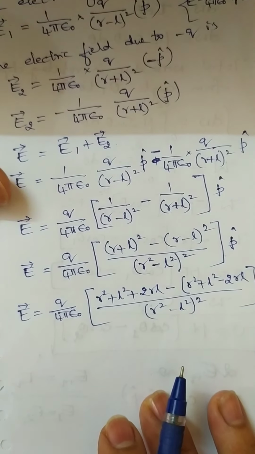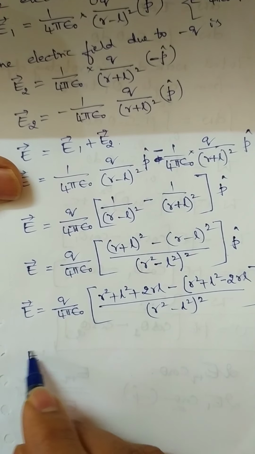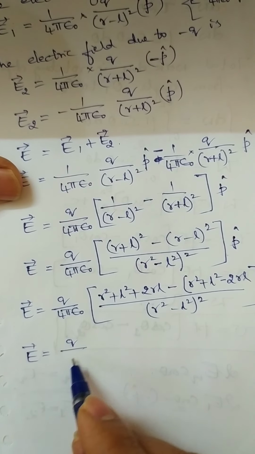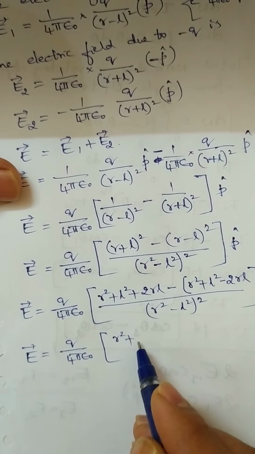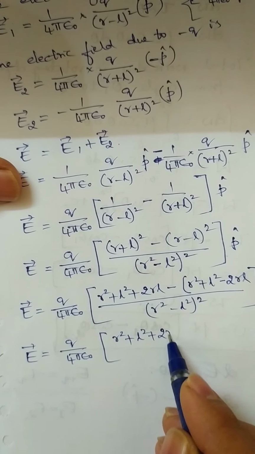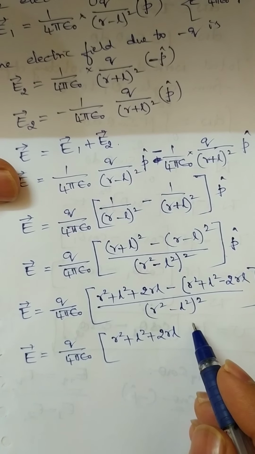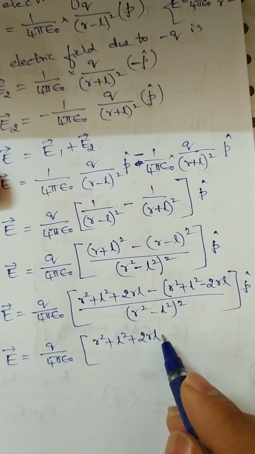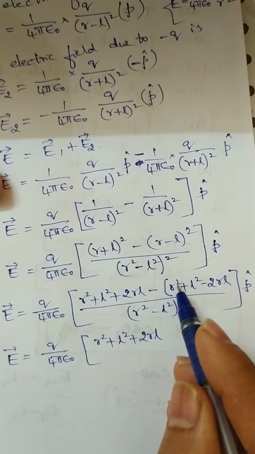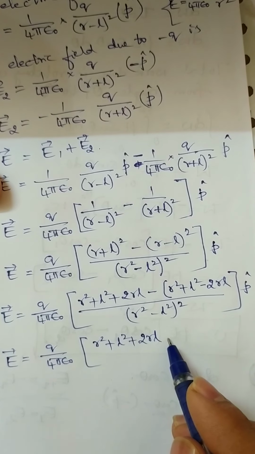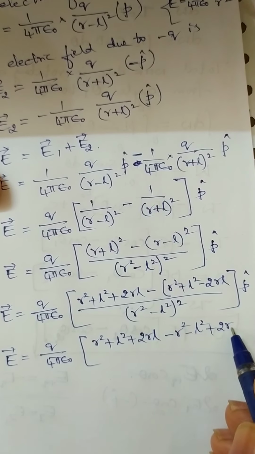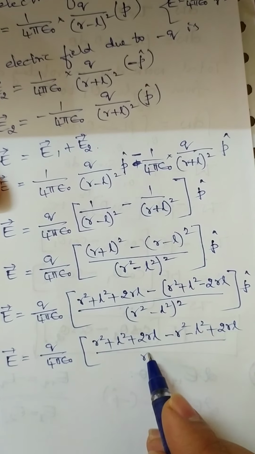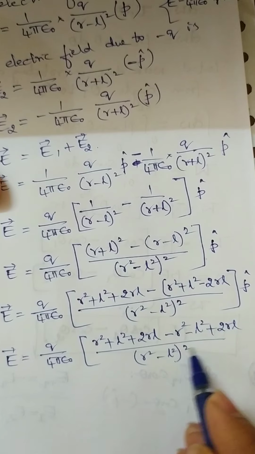Okay, so next what happens, this is nothing but vector E is equal to q divided by 4 pi epsilon naught into (r square plus l square plus 2rl). Okay, when you multiply the negative sign into the bracket, what happens, this becomes minus r square minus l square plus 2rl, divided by (r square minus l square) whole square.